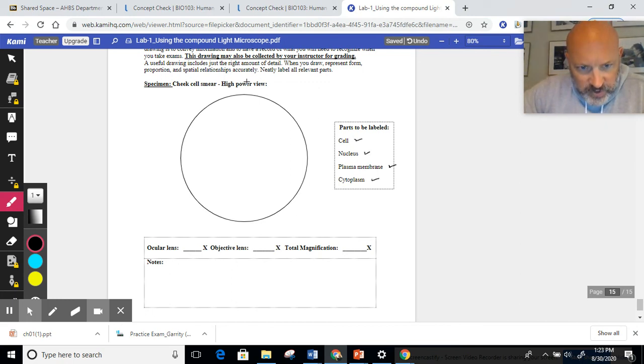Now, what I want you to do here is estimate the size of the cell using the field diameter, right? Remember, the field diameter has already been established.